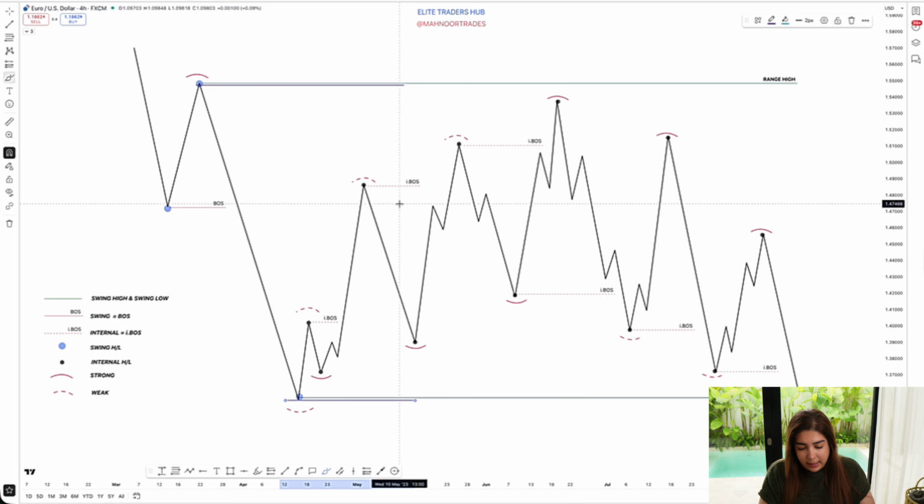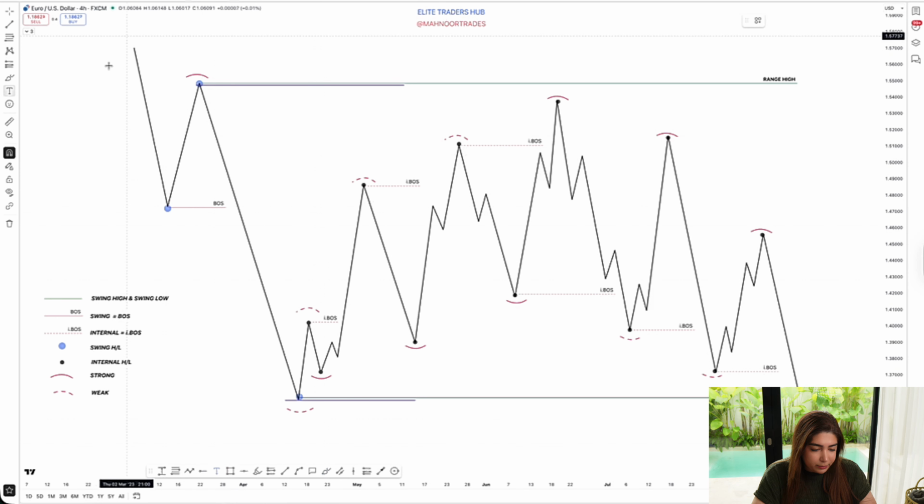Now, the next layer that we got to look at is basically the internal structures, because like I said, there's two types of structures within the market, right? You have external and then you have internal. Okay, external, you clearly know these are the two swing points, right? Now we're going to focus on the internal ones.